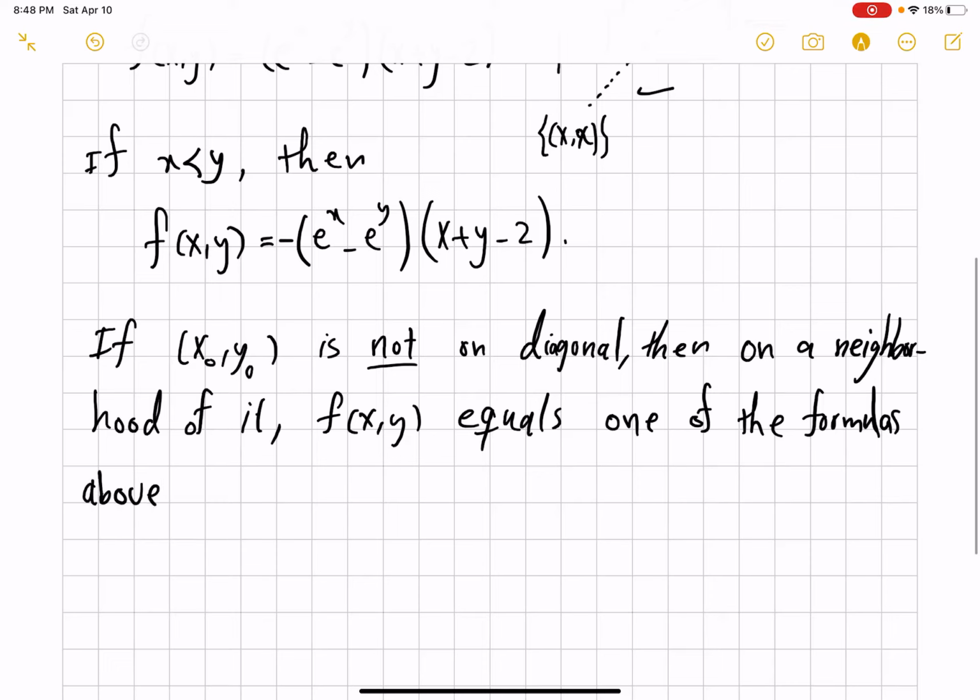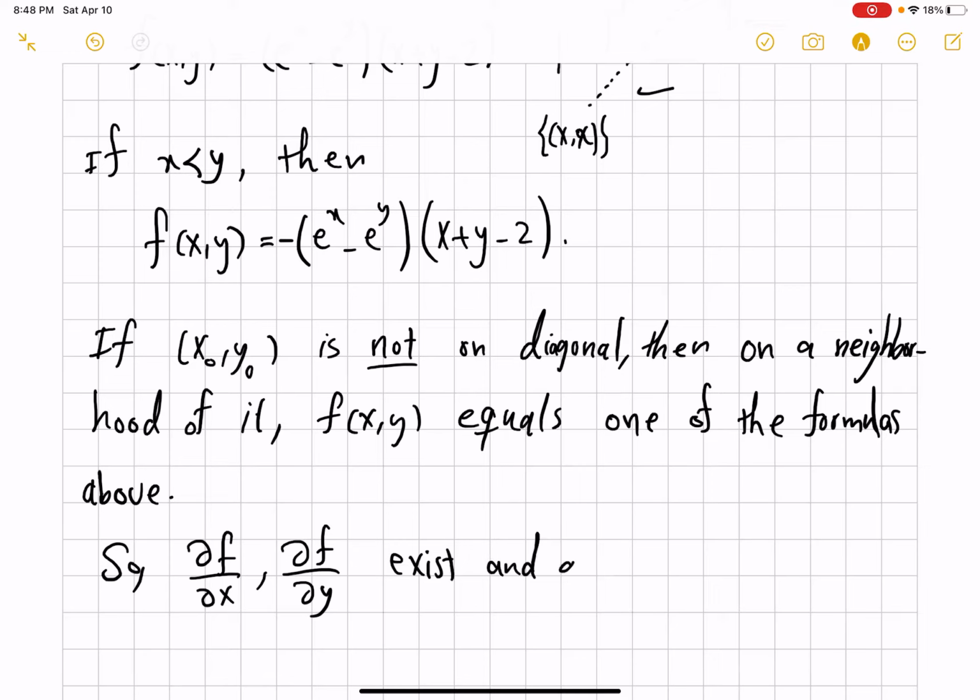What this then means is that partial f partial x, partial f partial y exist and are continuous because it's an exponential multiplied by polynomial.